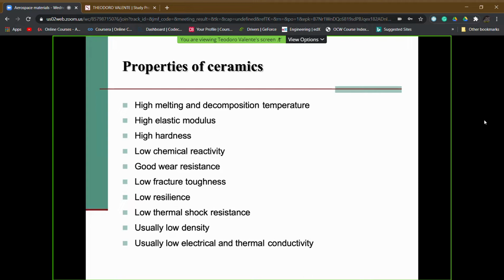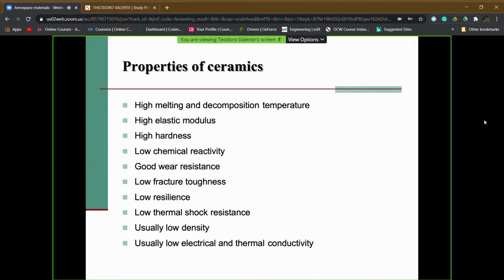Then each ceramic material will have its own properties, and we can say, generally speaking, that they are solid materials having a high melting, or in some cases, that depends on the reactivity, decomposition temperature. So if we focus on melting temperature, they are materials with very high values of melting temperature.